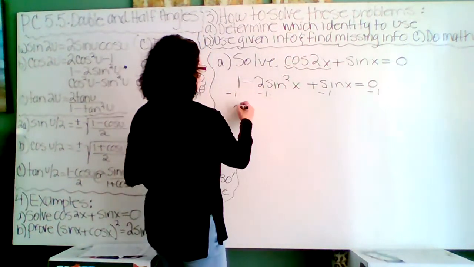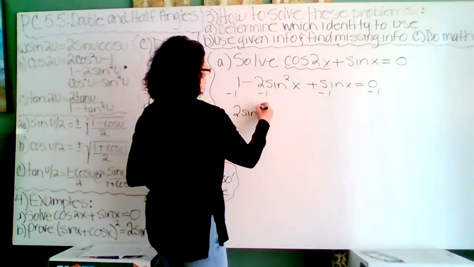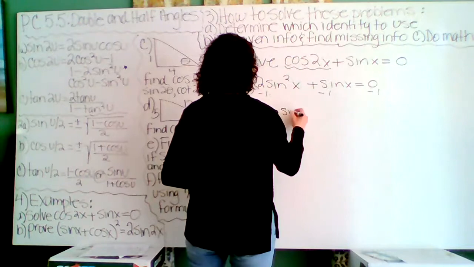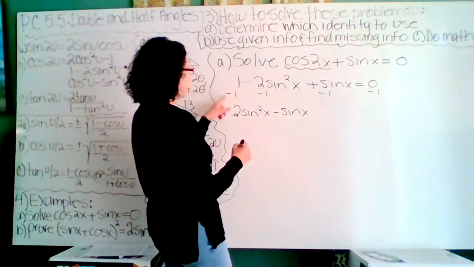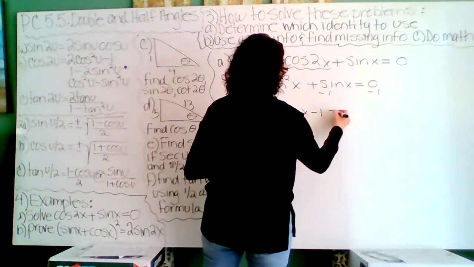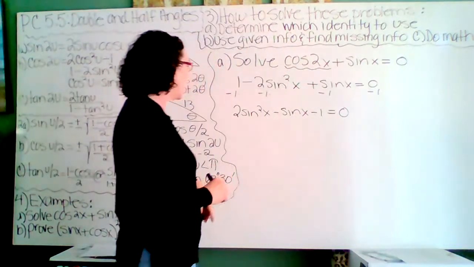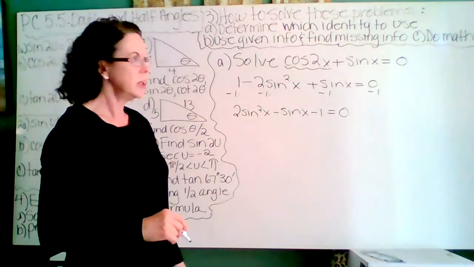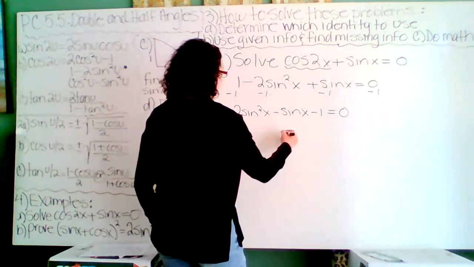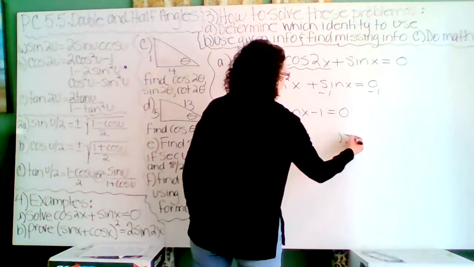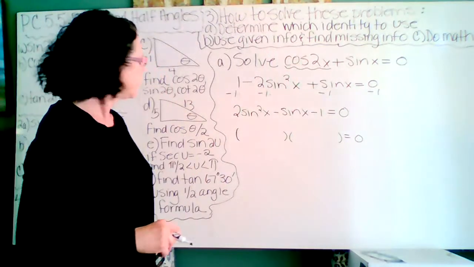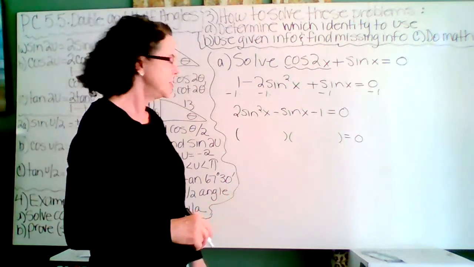So I'll have a positive 2 sine squared x minus sine of x and a -1 equals 0. Okay, if you don't like the signs being in here, when you factor it, you can go ahead and make them x's to do your quadratic factoring and then put the signs back in. But I am going to go ahead and do that.